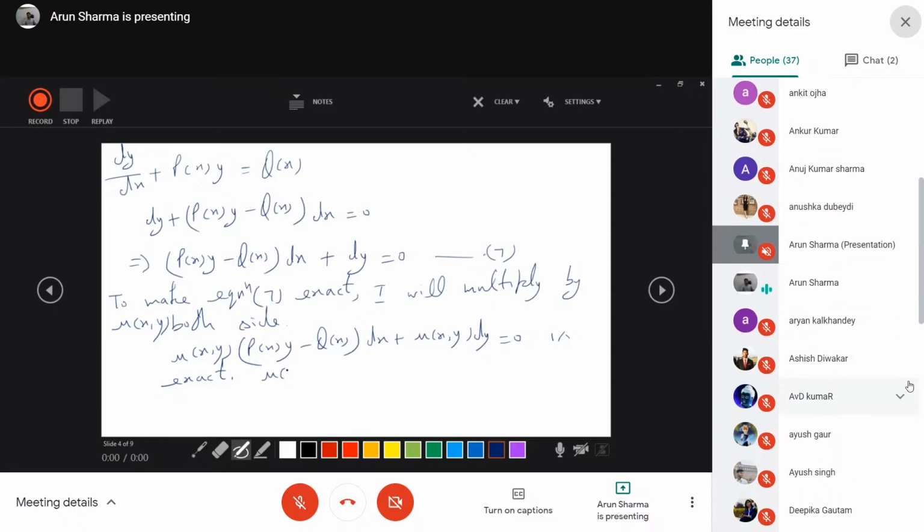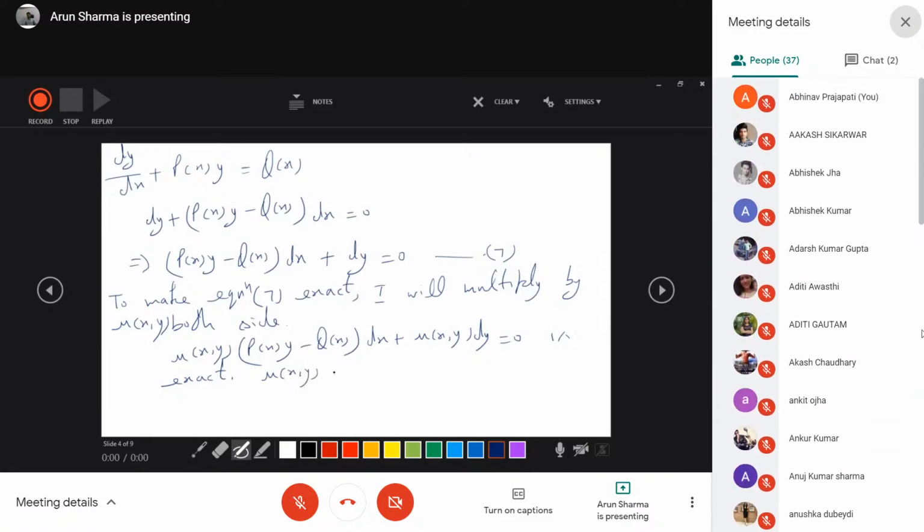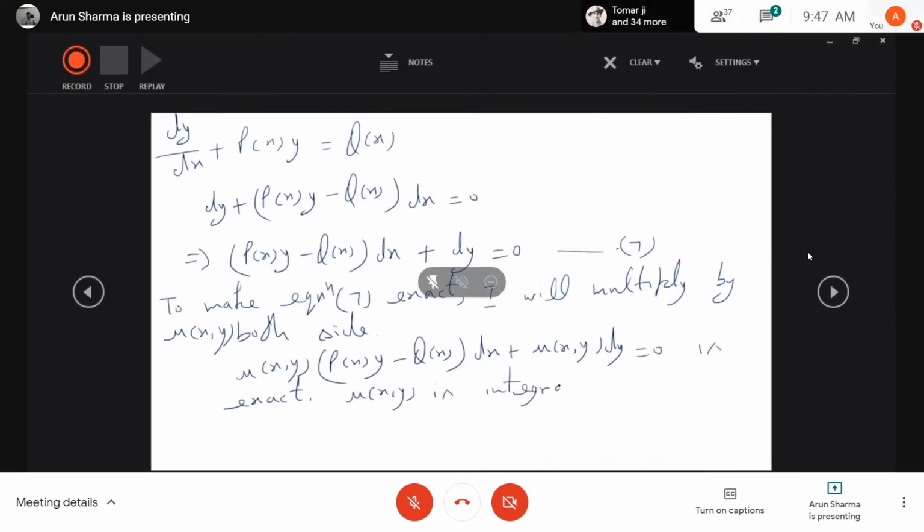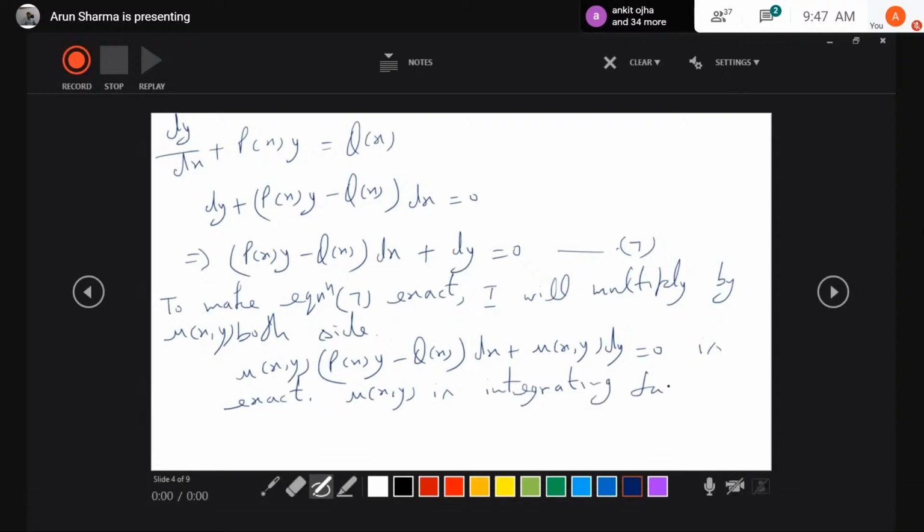That means this mu(x,y) is the integrating factor, and we have to find it. What is this integrating factor? Okay, this is our question. To find it, can I move to the next slide?